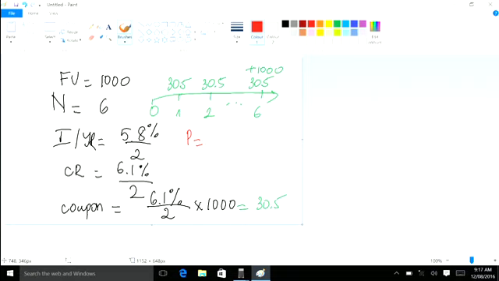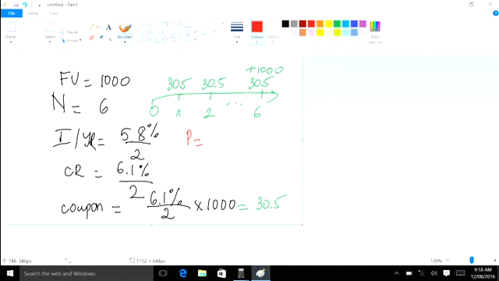If you think about this, we have that timeline with $30.5 coupon every single half a year. It means that this one is the ordinary annuity, right? So you can apply the ordinary annuity formula to get the present value of all of the coupon payments, plus the present value of the future or the face value payment. And you sum the two, you should be able to get the price.